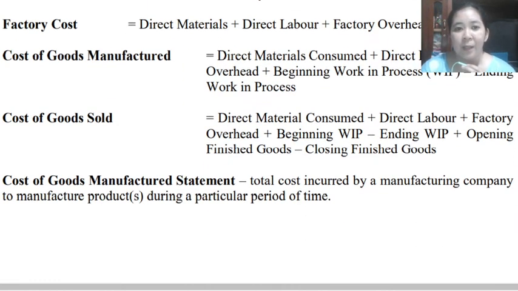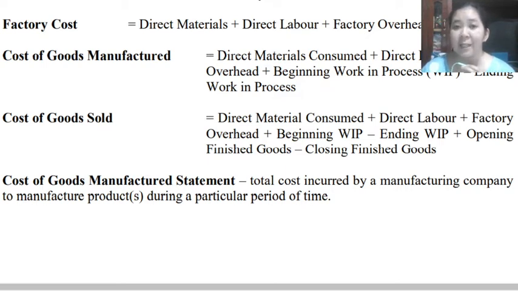For the cost of goods manufactured statement, you can also prepare this one, but the most common is the cost of goods sold statement. But in other entities, for specification, so that they can determine exactly the cost of their work in process inventory, they can also prepare this report, the cost of goods manufactured statement.